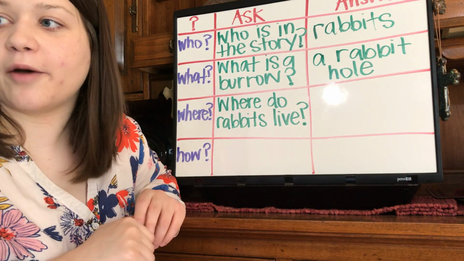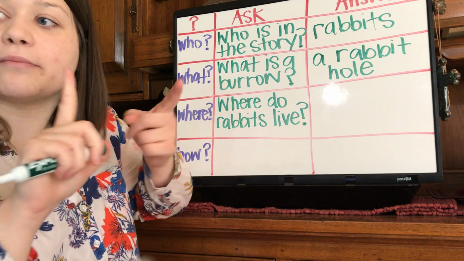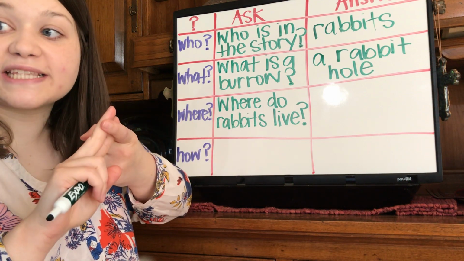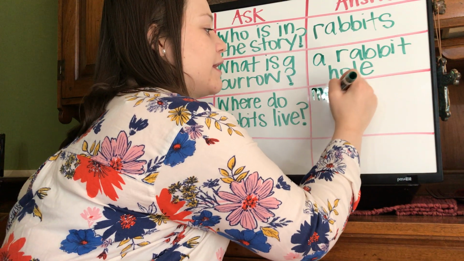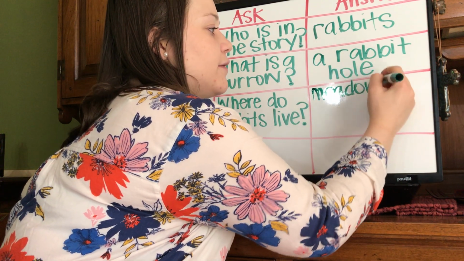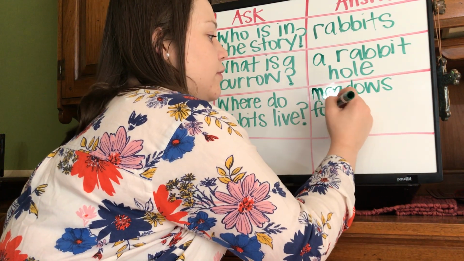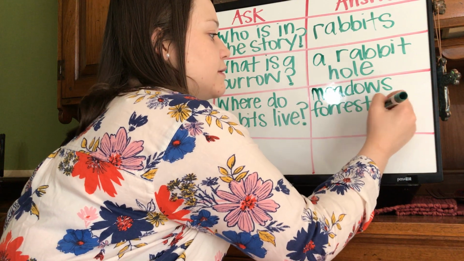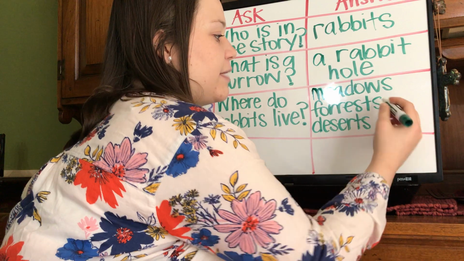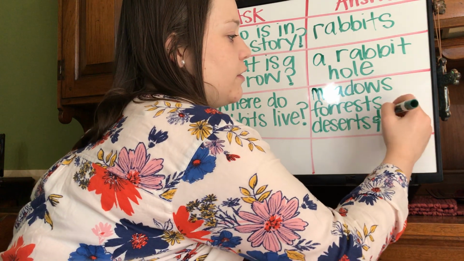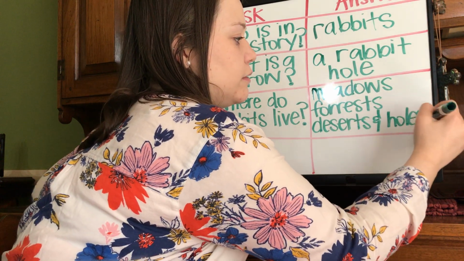So I'm just going to pick a couple. I'm going to say they live in meadows, forests, and deserts. If I have room, I can put my last one. Meadows, forests, deserts, might have room, and holes. There.